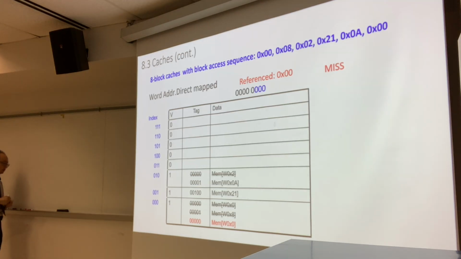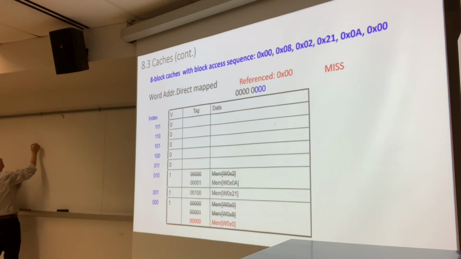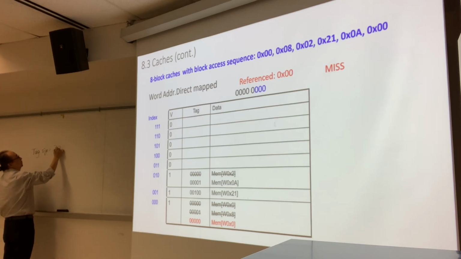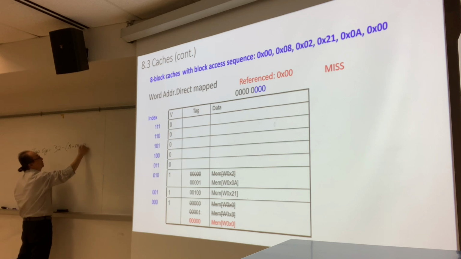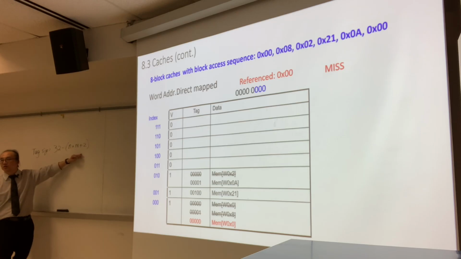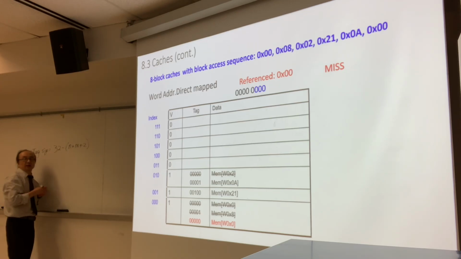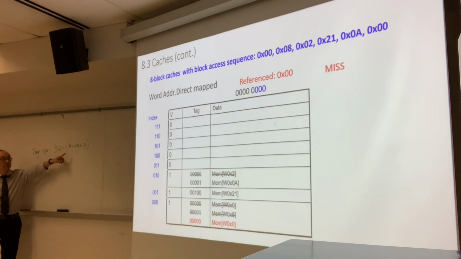Good question. The question is, when we calculate the total size of the cache, we said tag size is 32 minus n plus m plus 2. If we are using words, what changes here? This m is the total number of words in a block, so still valid.